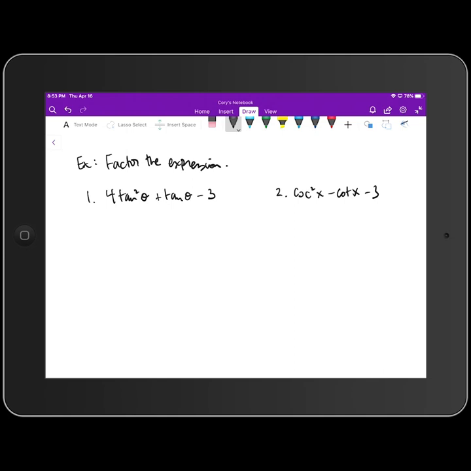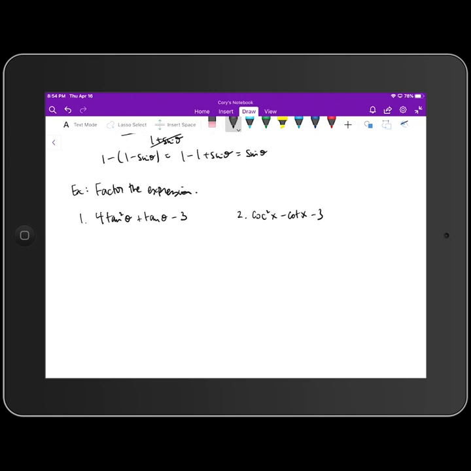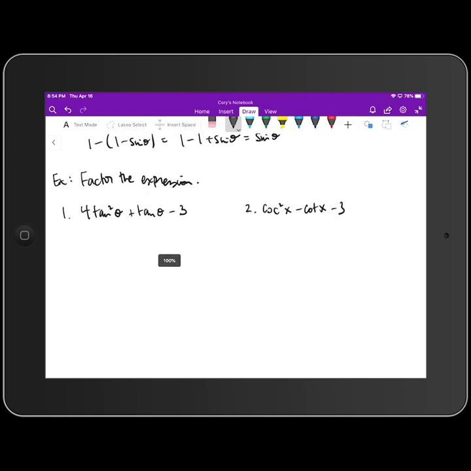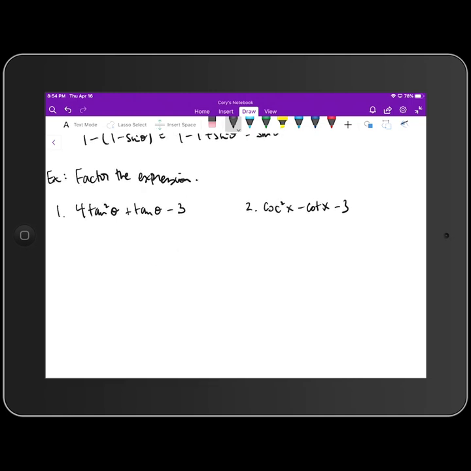When you look at this trigonometric expression, it's actually a quadratic trigonometric expression. So all this is asking us to do essentially is just factor the quadratic. So if you look here when factoring this, the leading coefficient, so the coefficient of the squared term, is not 1.